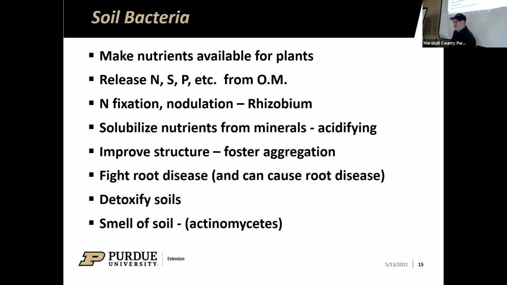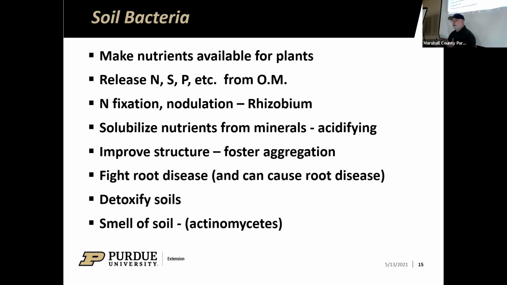They release soluble nutrients from the minerals, so it's helping to solubilize nutrients, which allows some acidifying to occur, and improve structure.